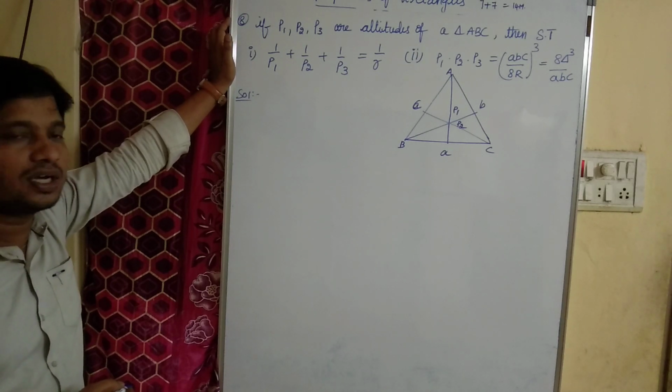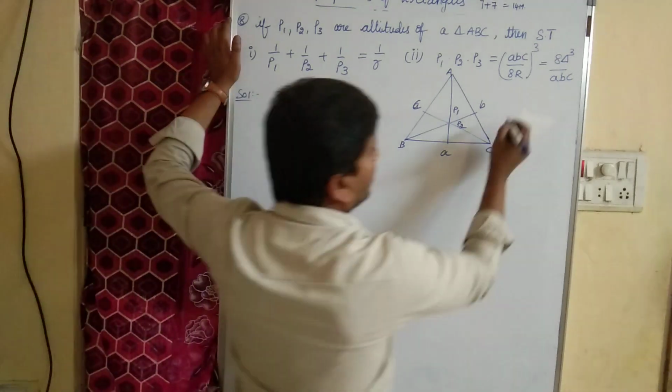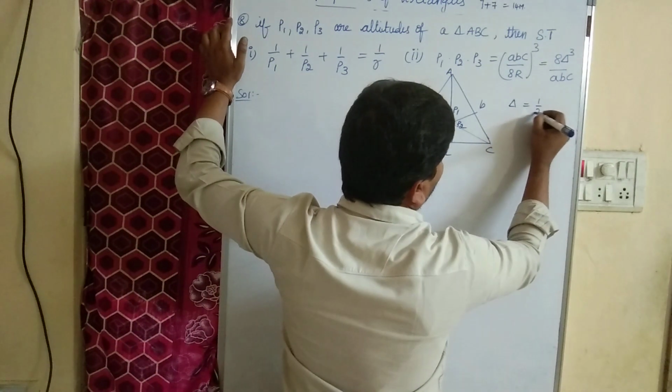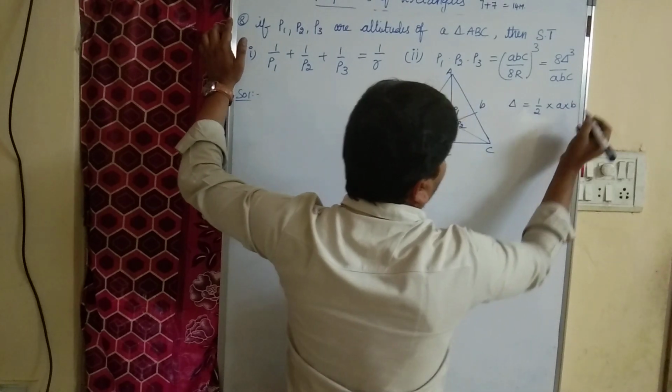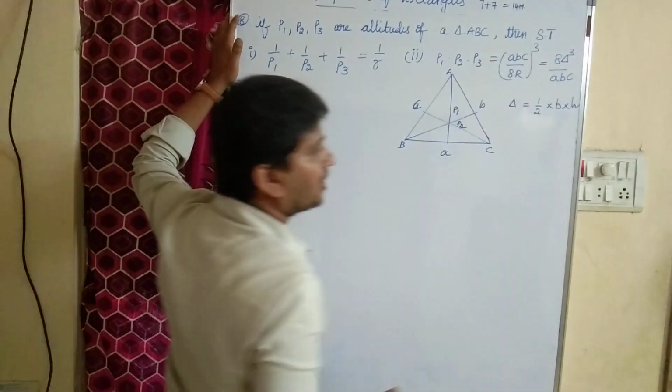You know children, what is the area of a triangle? We know that area of triangle is delta equal to half into base into height.